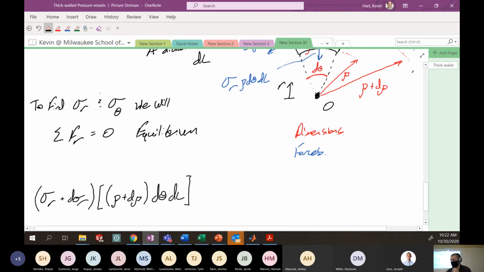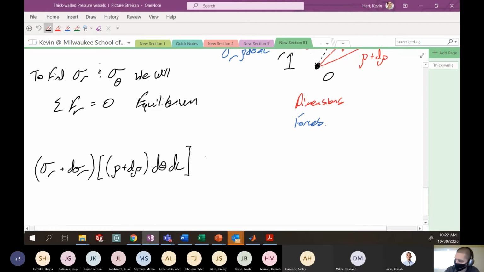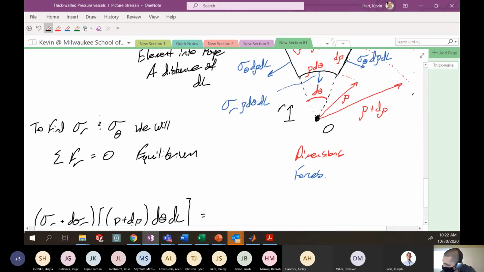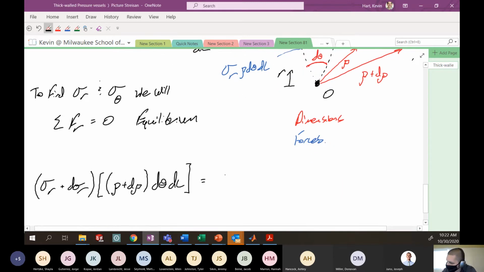So this is the force on the top surface of this element. This is going to be equal to all those forces pointing inwards in the negative r direction. The first, obviously, is this guy here, which is solely in the negative r direction. So this is going to be sigma r times rho d theta dl.